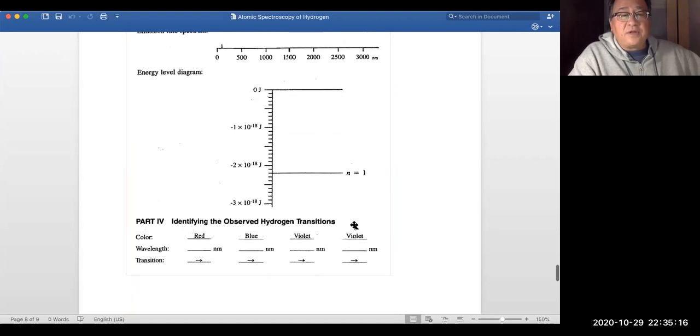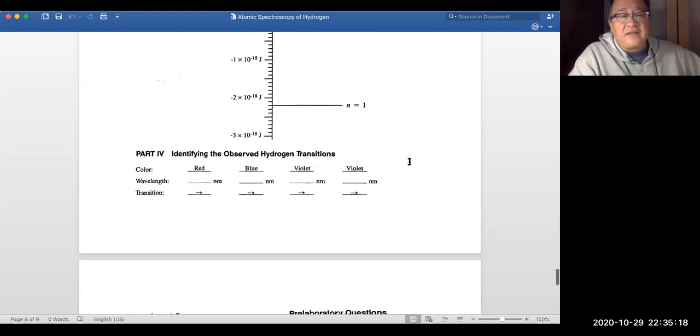And then finally, this is part 4, we're going to identify the following observed transitions. So how are we going to know what the transition is? And the answer is really simple. Do you see the wavelengths here? Based on Roy G. Biv, we should be able to predict what wavelength matches with red, what wavelength matches with blue, and what wavelength matches with violet.